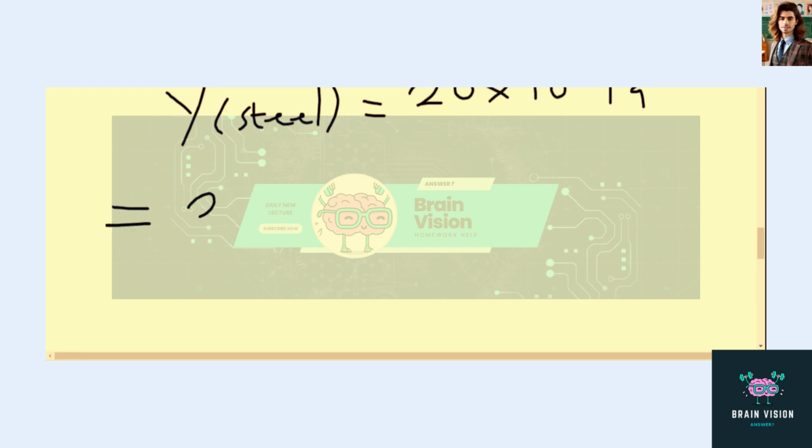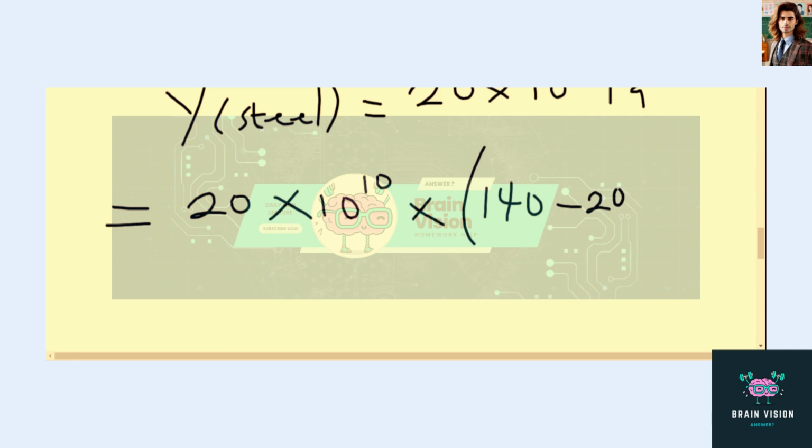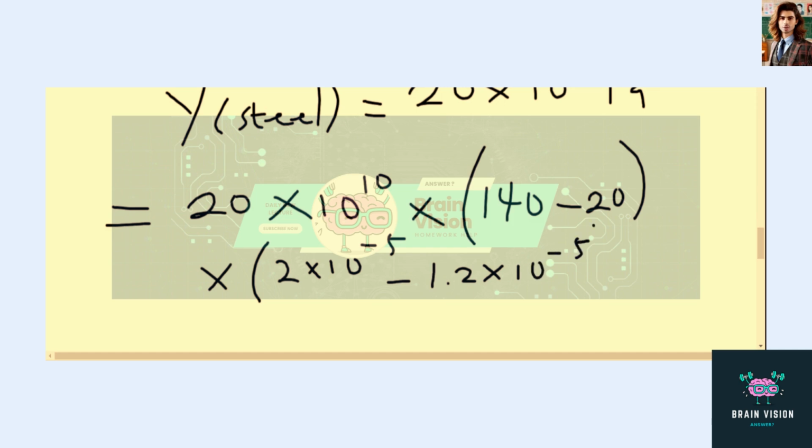This will be equal to 20 times 10 to the power 10, times the change in temperature, 140 minus 20, multiplied by the change in linear coefficients, which is 2 times 10 to the power negative 5 minus 1.2 times 10 to the power negative 5.